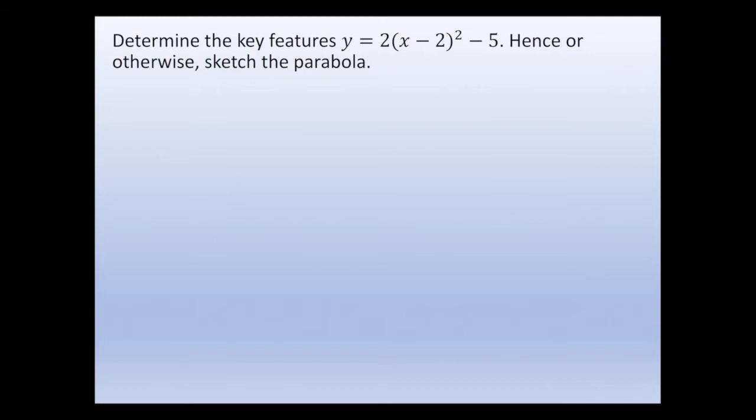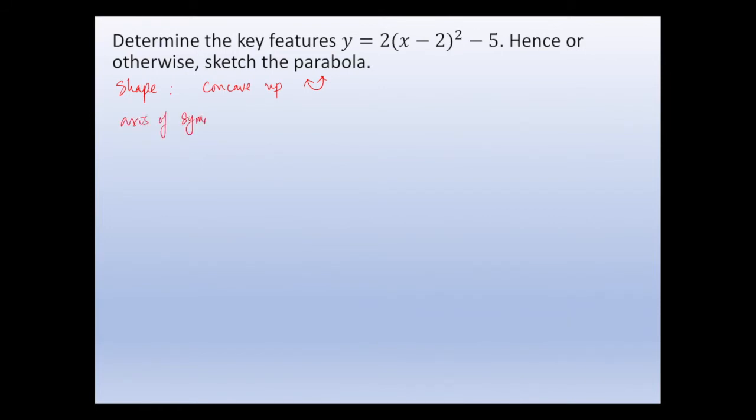The key features of y equals 2(x minus 2) all squared minus 5. First, the shape. It is a concave up parabola, which is the U shape, because a is positive.